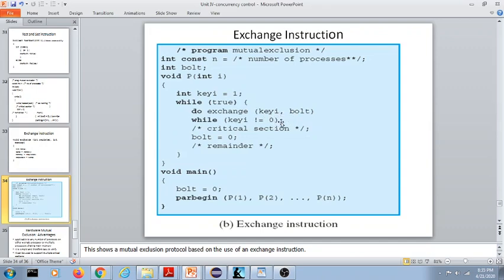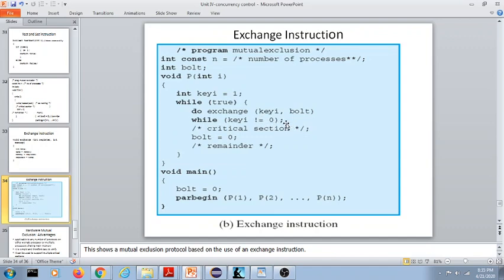This is called busy waiting or busy spinning in the mutual exclusion provided by special hardware instructions. The value of bolt is taken into key 2, and key 2's value 1 is shifted into bolt.